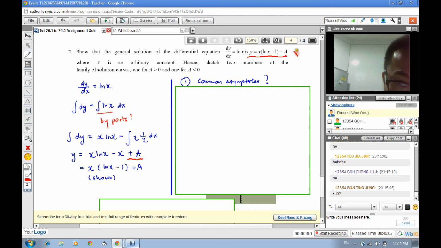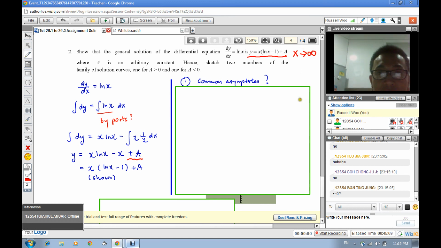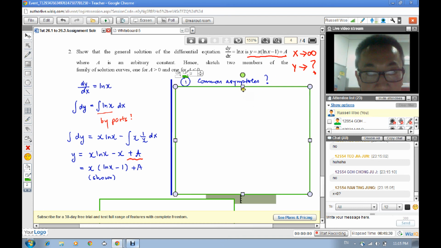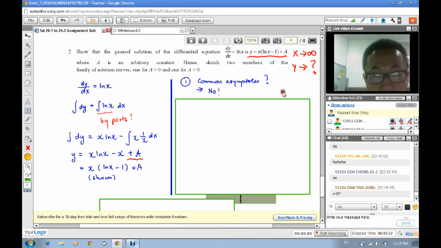As x tends to infinity, will y tend to a common straight line? The important words are common straight line. No, it will not, because whatever it tends to, it will be dependent on A. So therefore, the answer is no common asymptote.